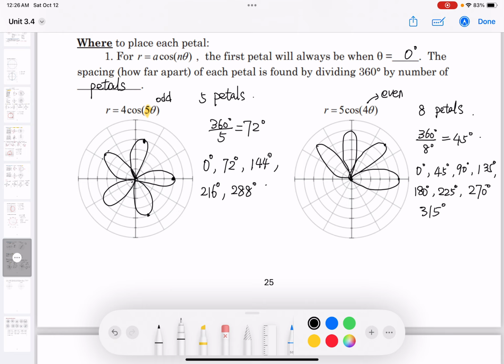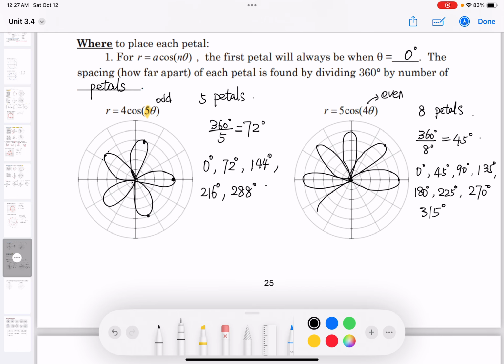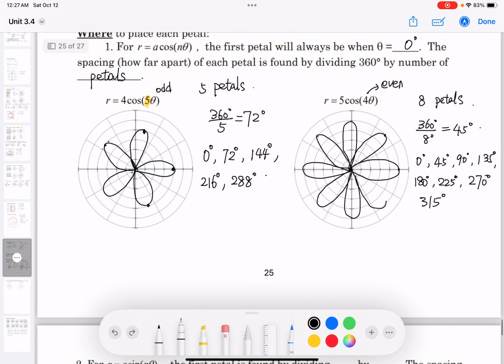No mistake. And the next one is 180, and the next one is 225. Next one is 270. The last one is 315. 315 is here. Okay, we made a beautiful shape.